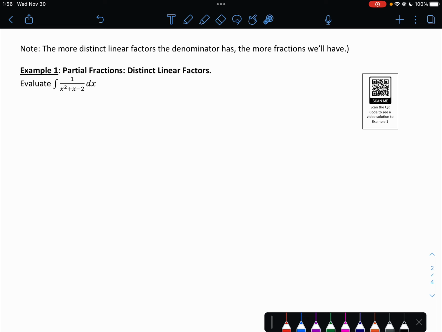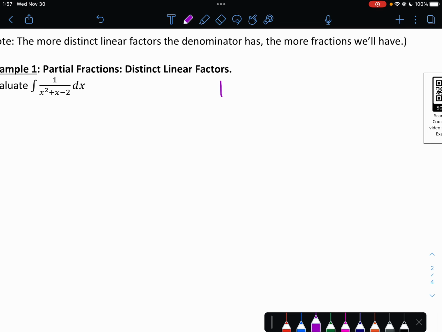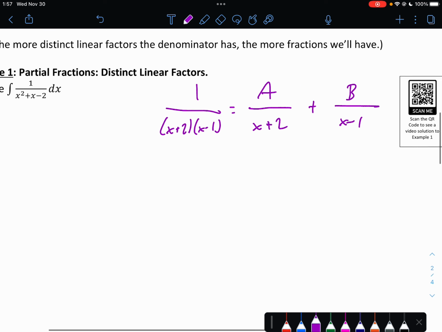So the first one, before we do any calculus, we need to do some pre-calculus. So first I'm going to factor the denominator here and set up two partial fractions. Each one will get a constant, a and b. So for this first one here, we're going to get a common denominator.